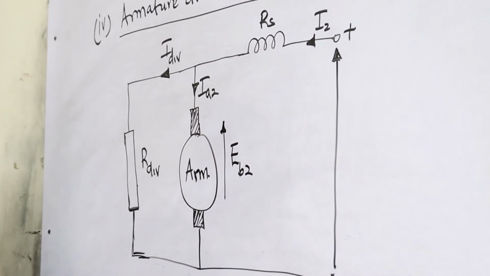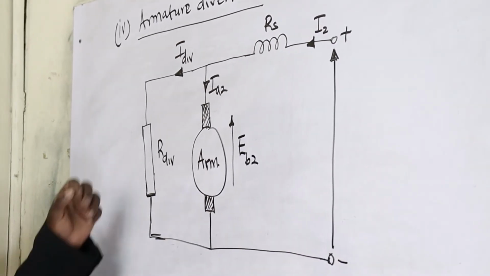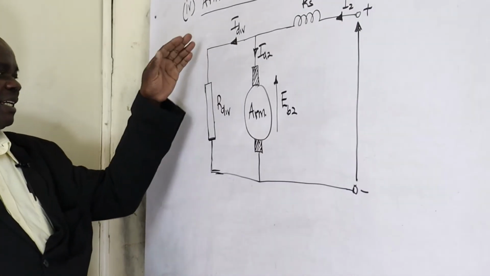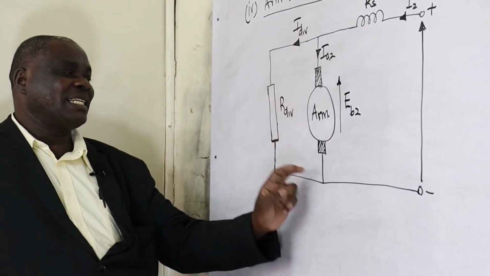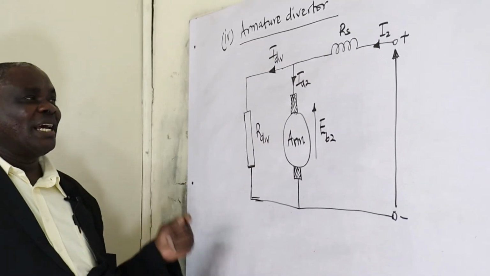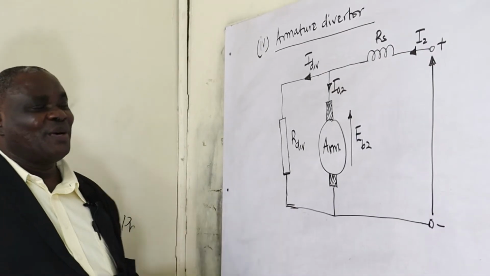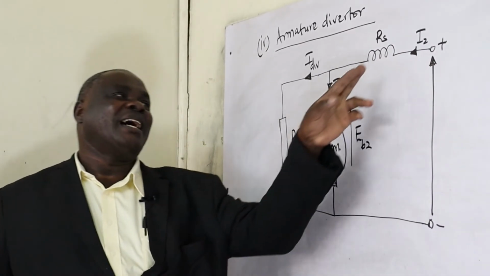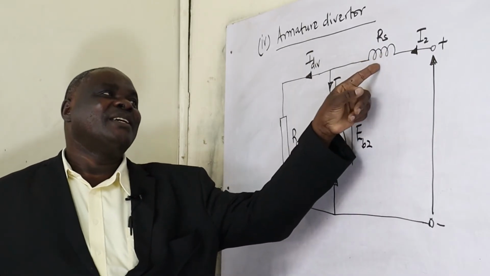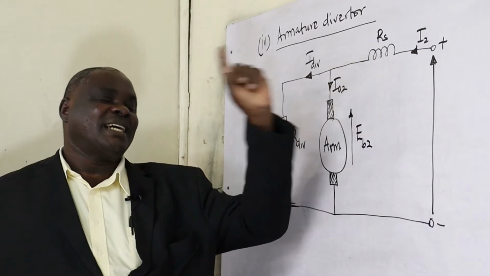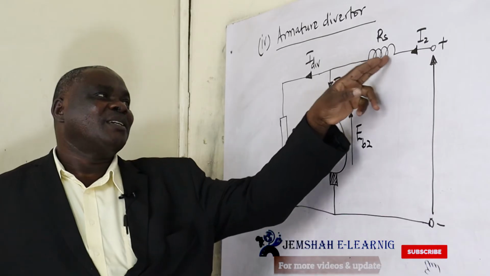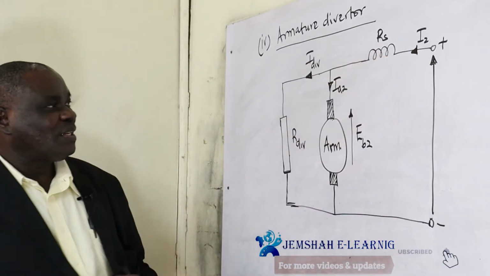When we have an armature diverter, there is normally a resistance connected across the armature terminals. And in this method, we are trying to make sure that a lot of current flows through our series field coil. So less current goes through the armature, and more current flows through the field coil.